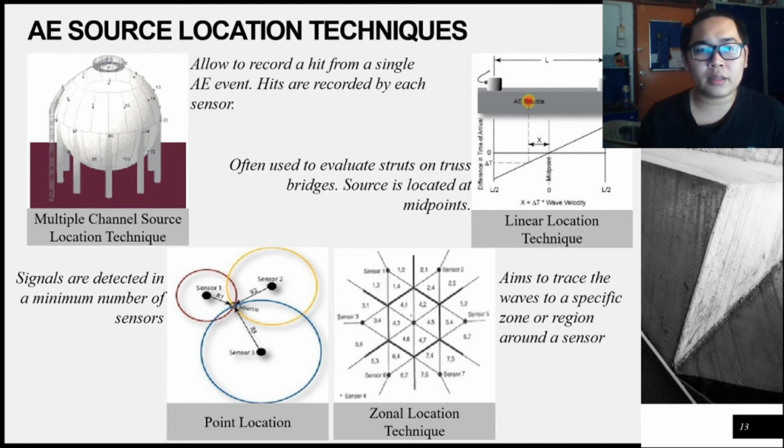The third location technique for AE is point location, where the signals are detected in a minimum number of sensors. For this method, there are 3 different types: 2 sensors for linear, 3 for planar, and 4 for volumetric.